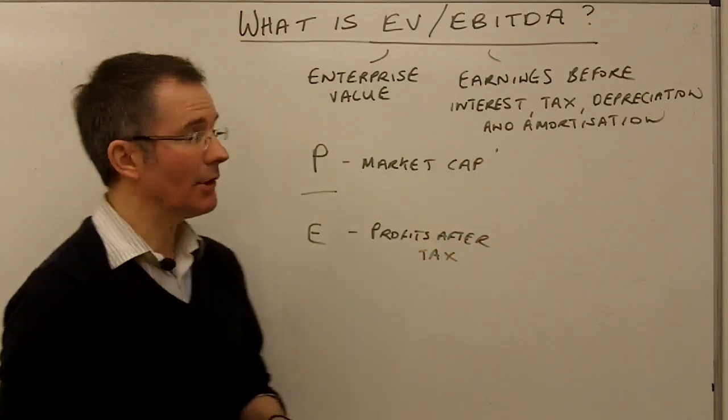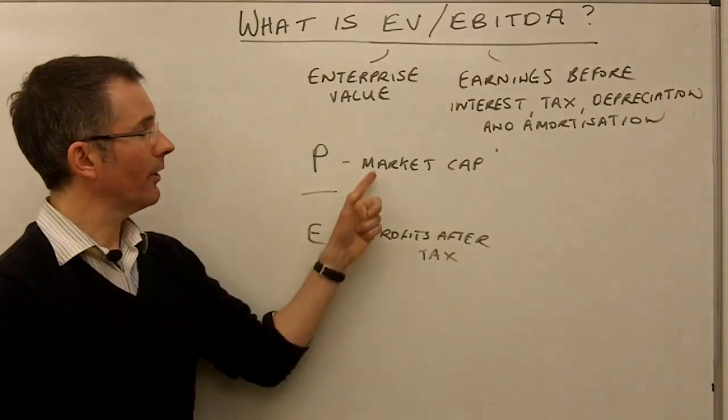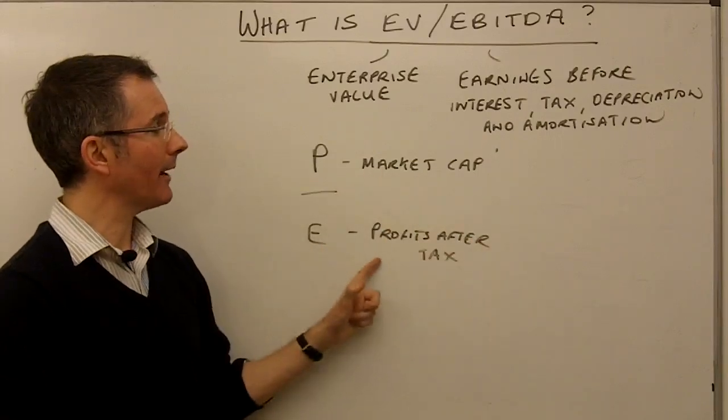Now, we've looked at PE ratios in more detail elsewhere, but a price to earnings ratio is just the contribution of shareholders as a multiple of 1 year's profit after tax.